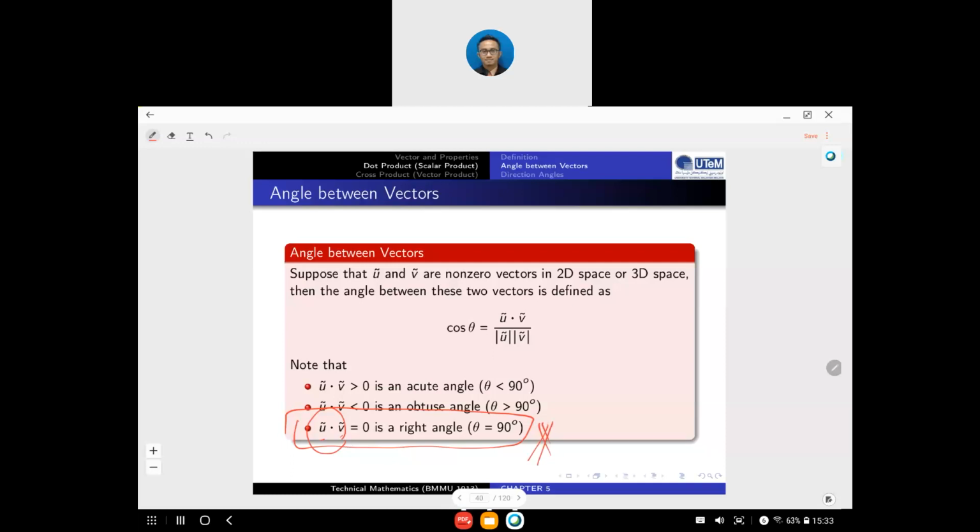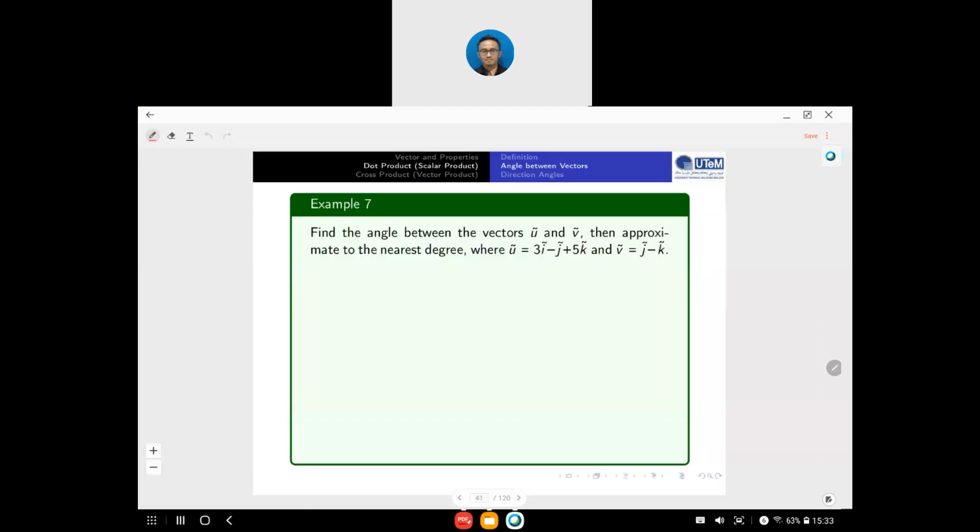Now, look at example 7. Find the angle between vectors U and V, then approximate to the nearest degree, where U equals 3i minus j plus 5k, and V equals j minus k. Make sure here it is only j minus k, so i is 0.